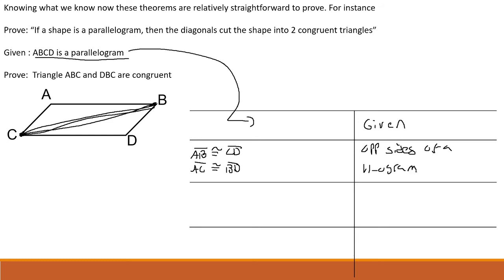This is how I abbreviate parallelogram: I draw the two lines to represent parallel and then add an O-gram. Okay? That's a property that we talked about just a few minutes ago.